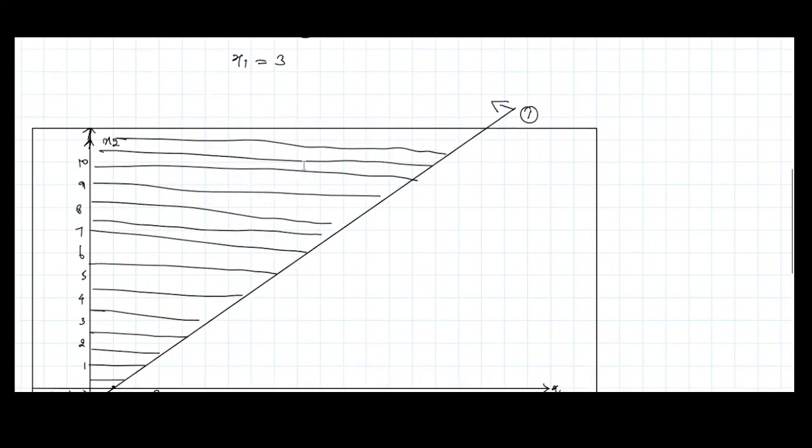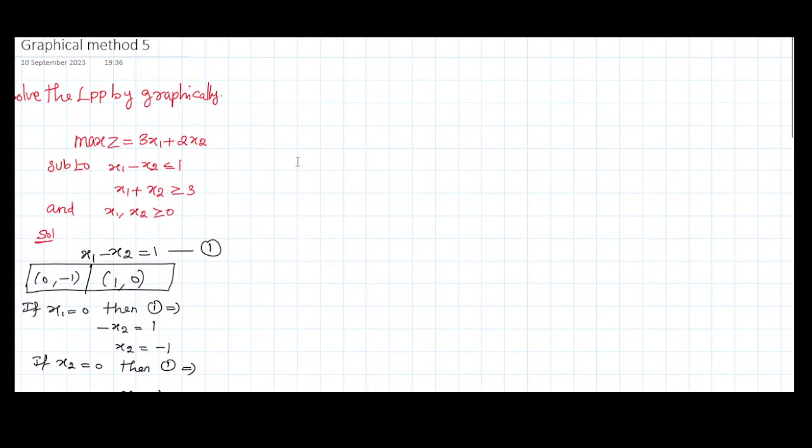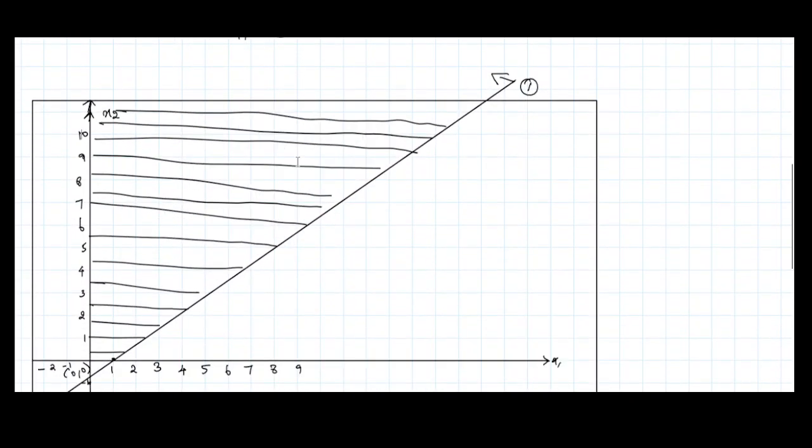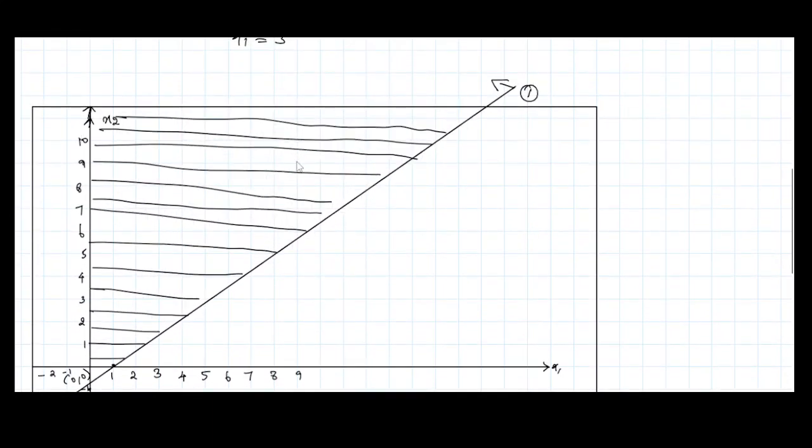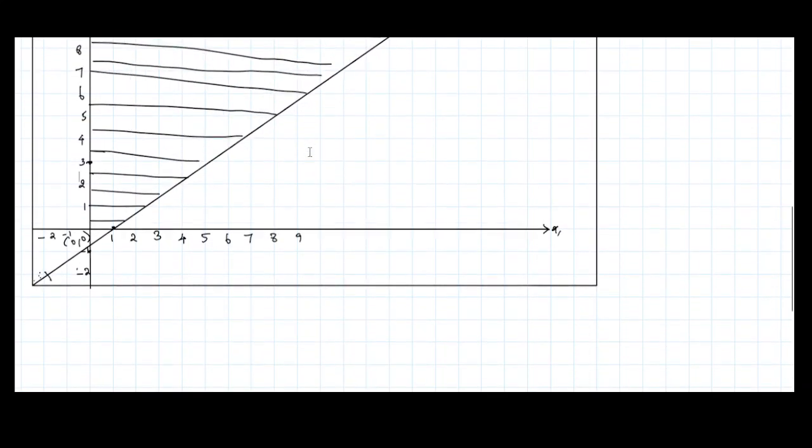Okay, next line, x1 plus x2 greater than or equal to 3. On the line, 0, 3 is one point, 3, 0 is another point. Let us connect it.